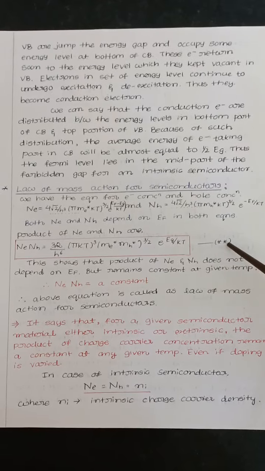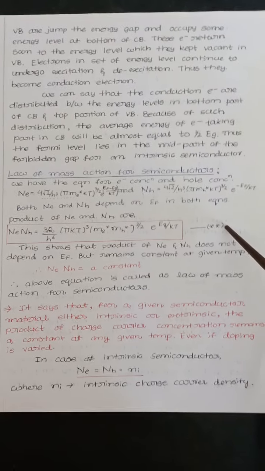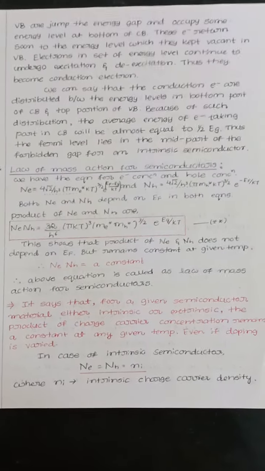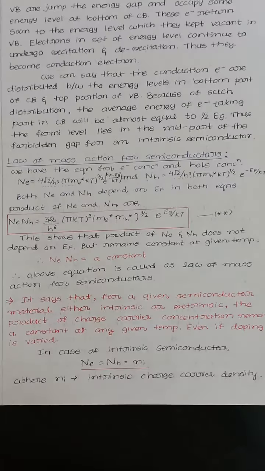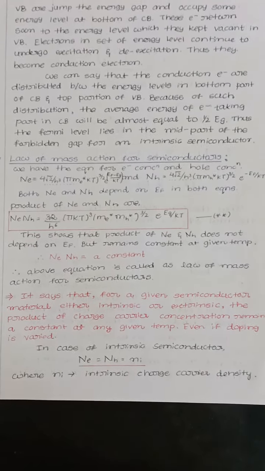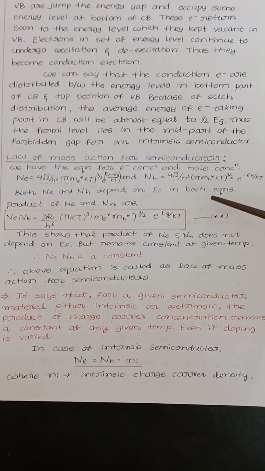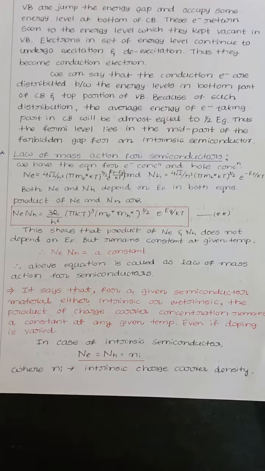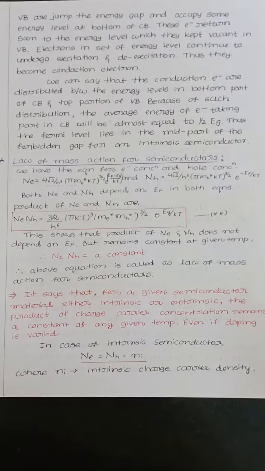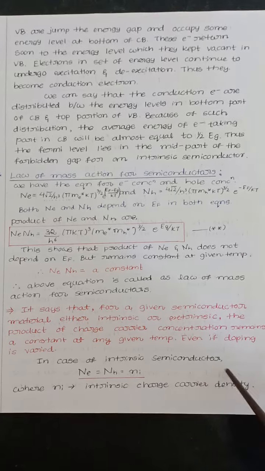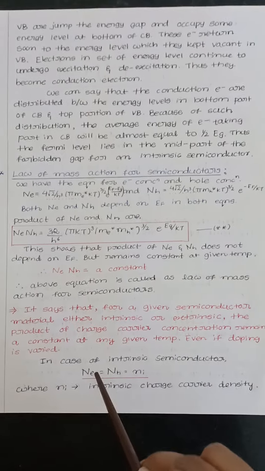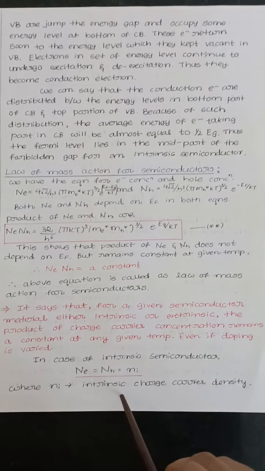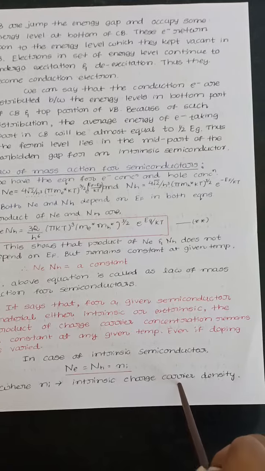Therefore, the above equation is called the law of mass action for semiconductors, which says that for a given semiconductor material, either intrinsic or extrinsic, the product of the charge carrier concentrations remains constant at any given temperature, even when the doping is varied. In case of the intrinsic semiconductor, we can write Ne equals Nh equals Ni, where Ni is the intrinsic charge carrier density.